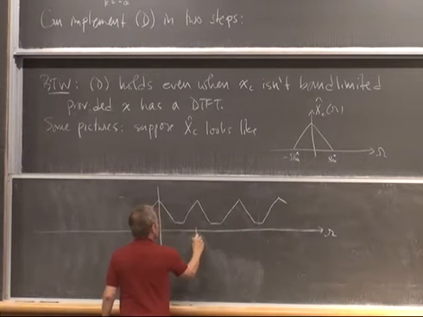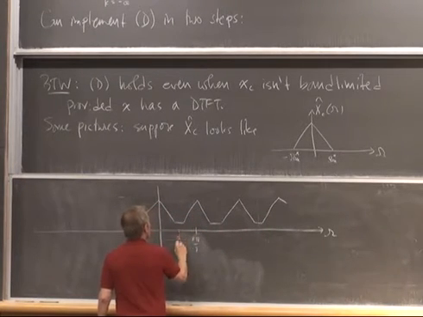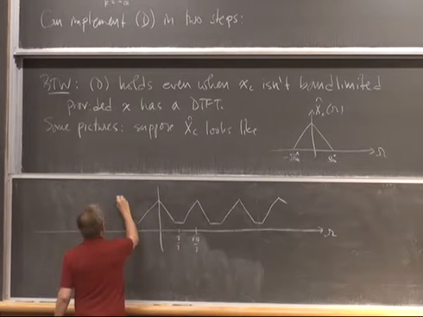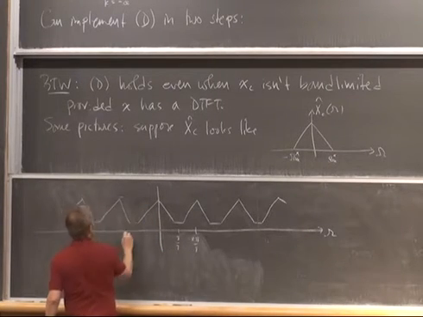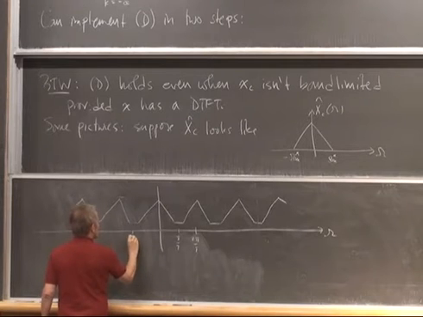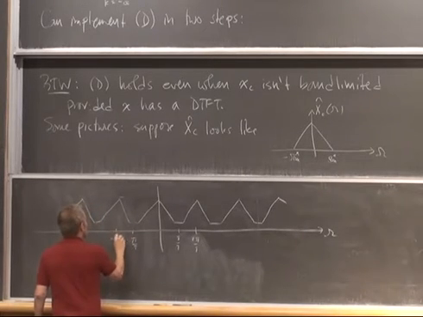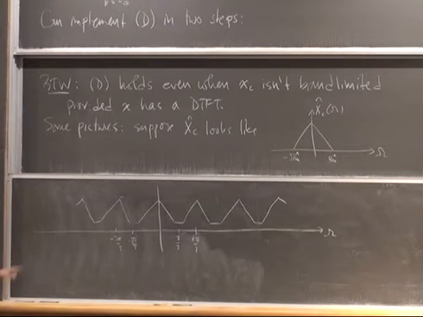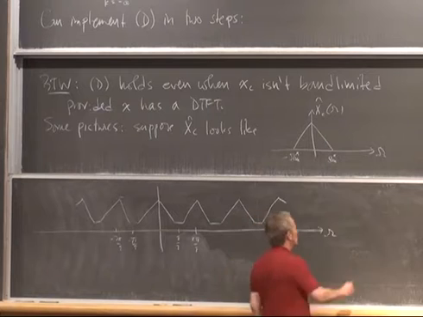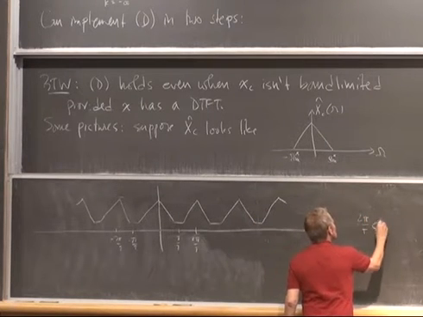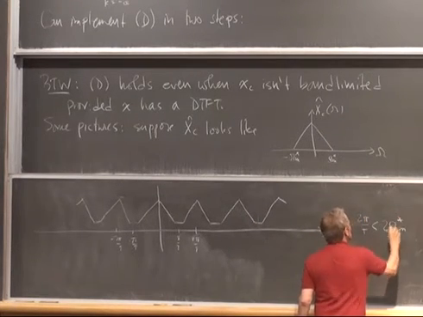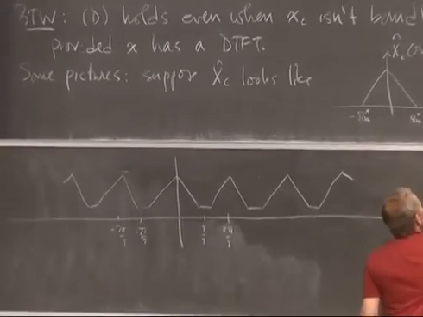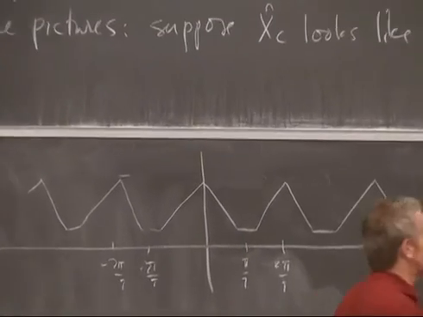So this is 2 pi over t, and this is pi over t. Same thing's happening over here. It's minus 2 pi over t, minus pi over t, and so on. In this case, that inequality is reversed. Omega m star is bigger than pi over t. So 2 pi over t is less than twice omega m star. That's what that picture assumes.